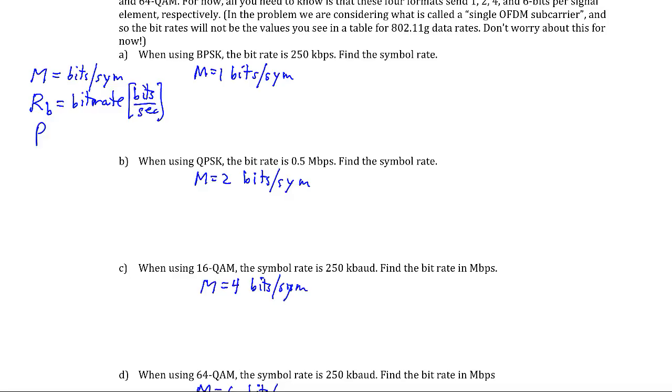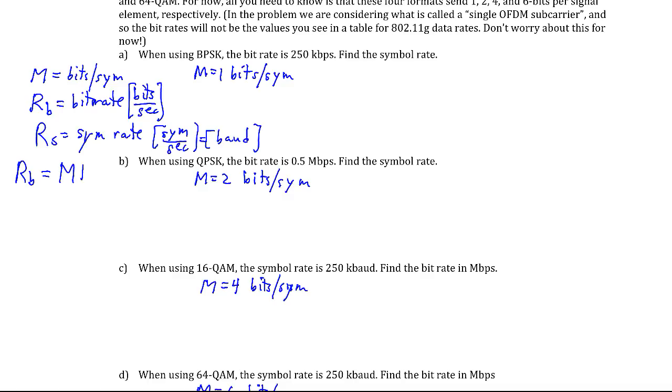And RS is our symbol rate, which is symbols per second, or baud. And they're related by RB is equal to M times RS. So if we know the definitions of M, RB, and RS, and we know this equation, this is a simple problem. Let's go ahead and make the calculations.